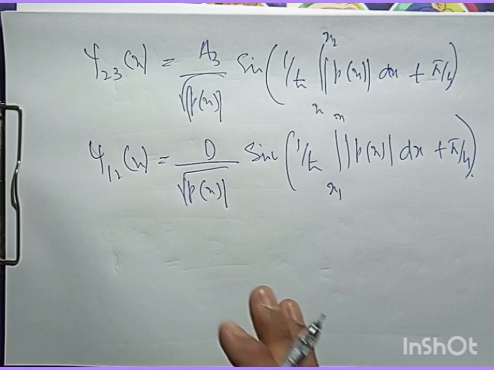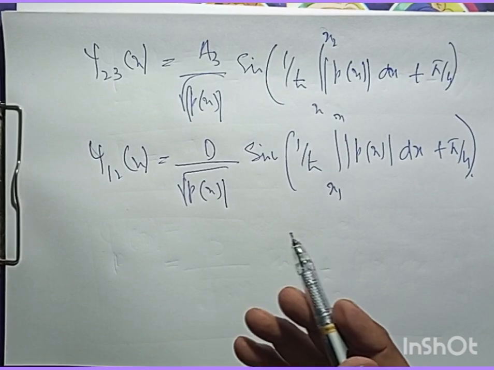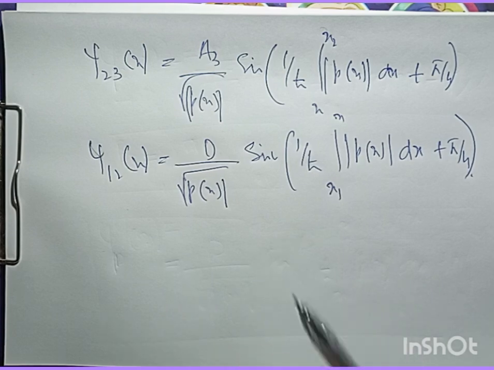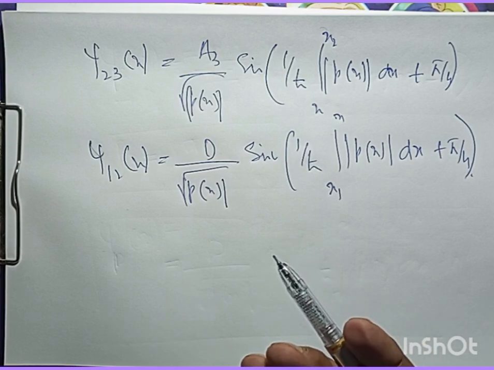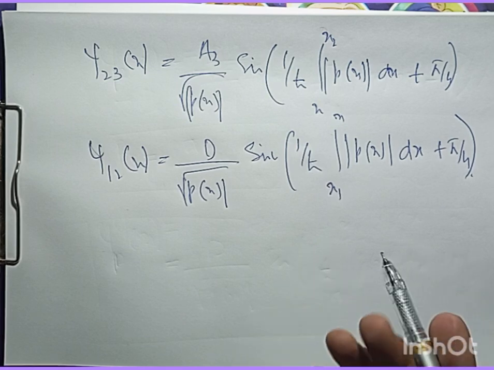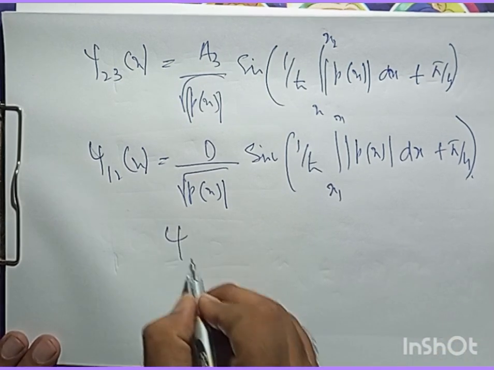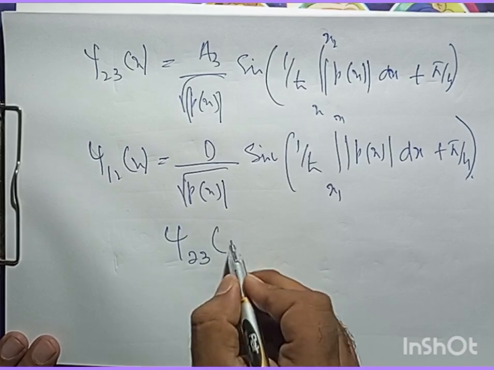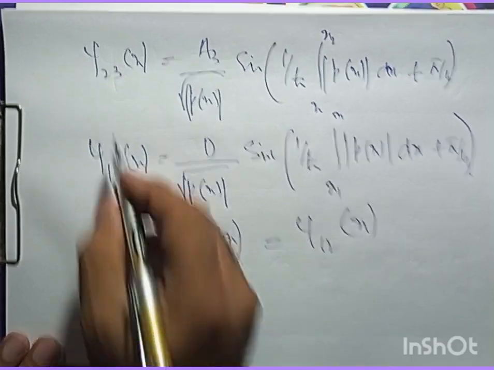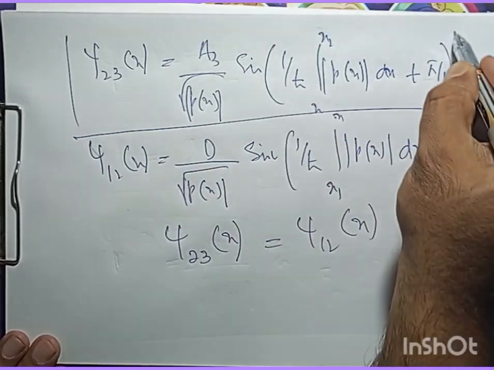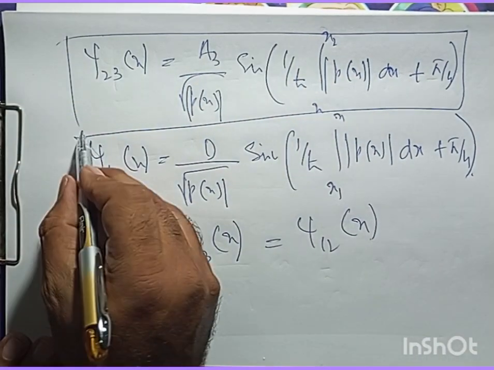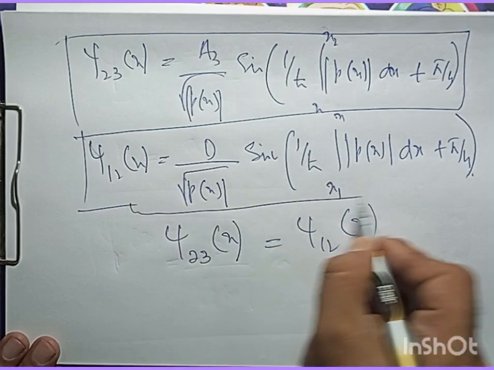Now, since we have these two solutions, and these two solutions certainly represent the same wave function in the same region, they must be equal. So this connection relation psi 2 3 of x must be equal to psi 1 2 of x.